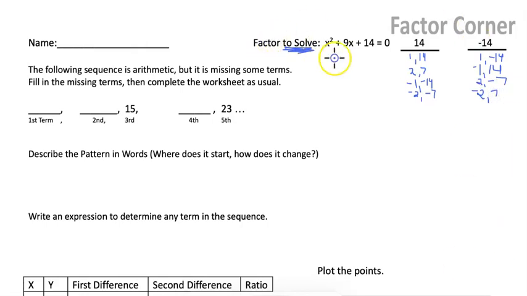So now I'm going to go over to my polynomial part. Remember that I am always looking for the factors of the constant. So in this case, if I look at my constant, it is positive 14. So I'm looking for factors of 14 that add always to the middle coefficient.